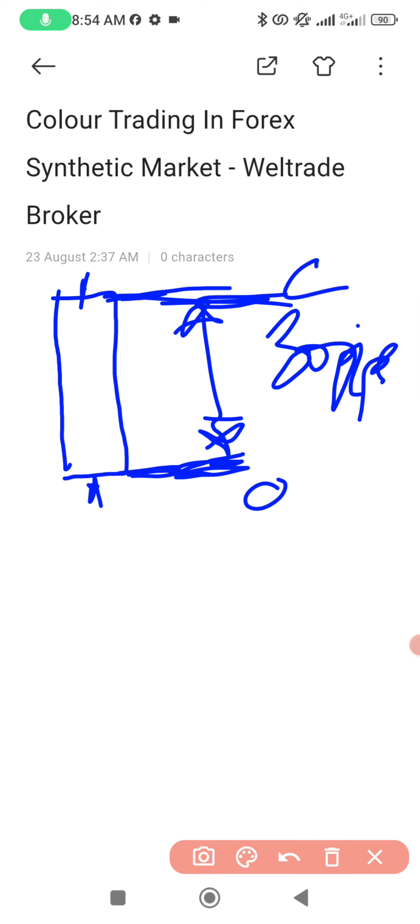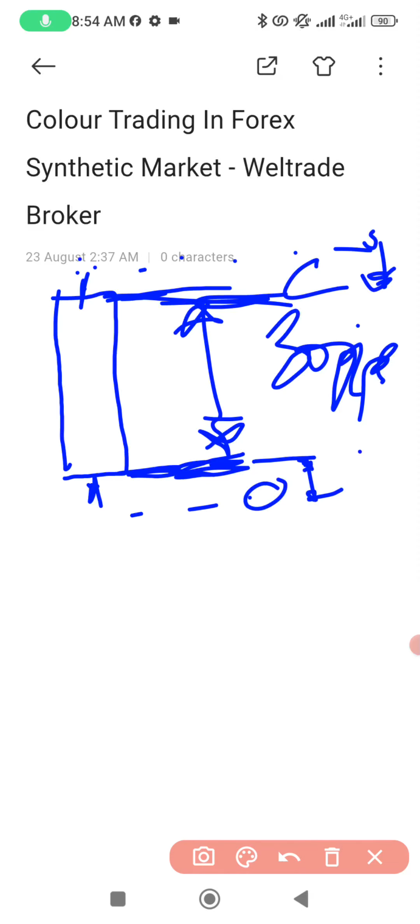So you measure this, you trace this, and you also find the distance between the open and the high, and you also measure the distance between the low and the close, and the distance between the low and the open price. Okay, you measure it.